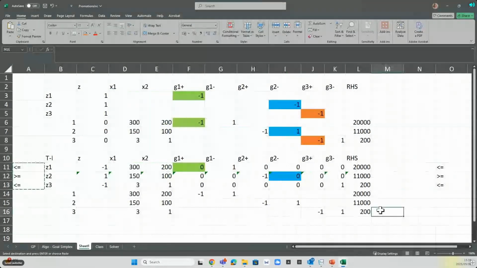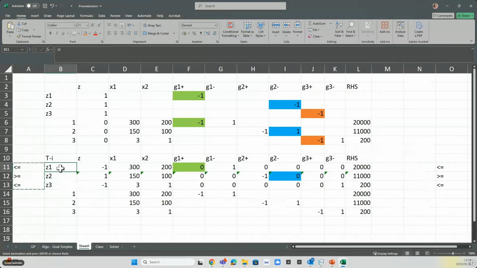Okay, so now we're getting to the whole what to check and what to do. So without me saying anything, is goal 1 met? Online, is goal 1 met? No problem.